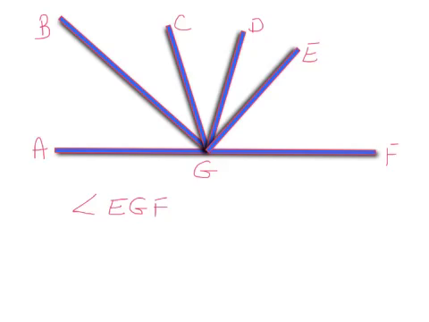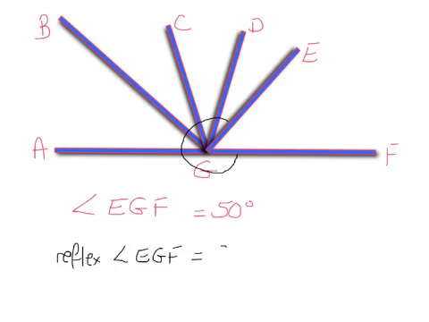Once I've measured angle EGF, one important point for you to realise is if I measured that with a protractor and I decided that was about 50 degrees, then if I wanted to work out the reflex angle of EGF, which would be that space around there, and that would be written down as reflex angle EGF, then what that should be is 360 degrees minus the 50 degrees. So I'd expect that angle to come out at 310 degrees.